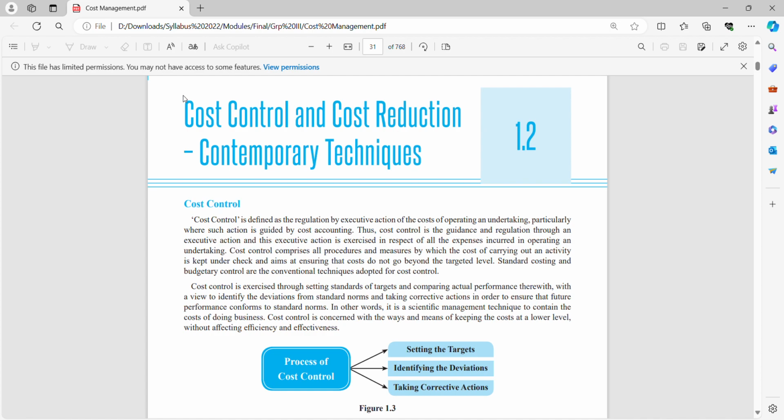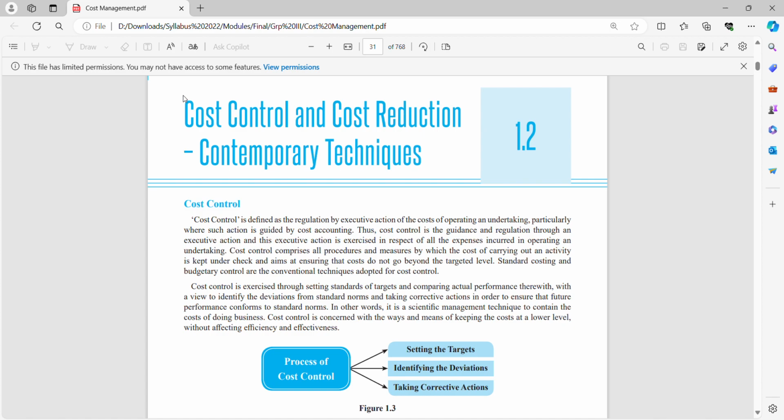Cost control is exercised through setting standards or targets and comparing actual performance therewith, with a view to identify deviations from standard norms and taking corrective actions in order to ensure that future performance conforms to standard norms. So this is cost control.